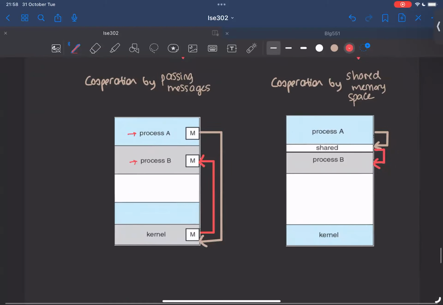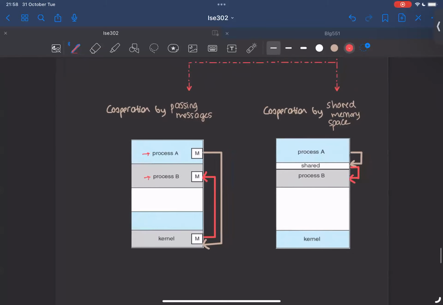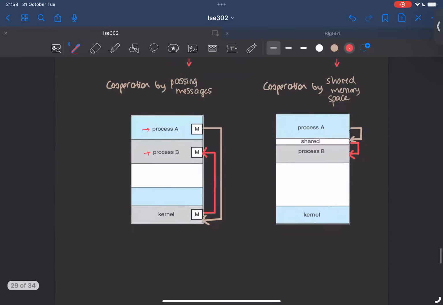However, sharing memory introduces the need for synchronization mechanisms to ensure proper coordination and also prevent data conflicts between processes. Yes. In summary, both methods enable real-time process interaction, but they differ in terms of communication channels and overhead. Okay, so passing messages through the kernel provides abstraction and isolation, but may introduce some overhead due to system calls.